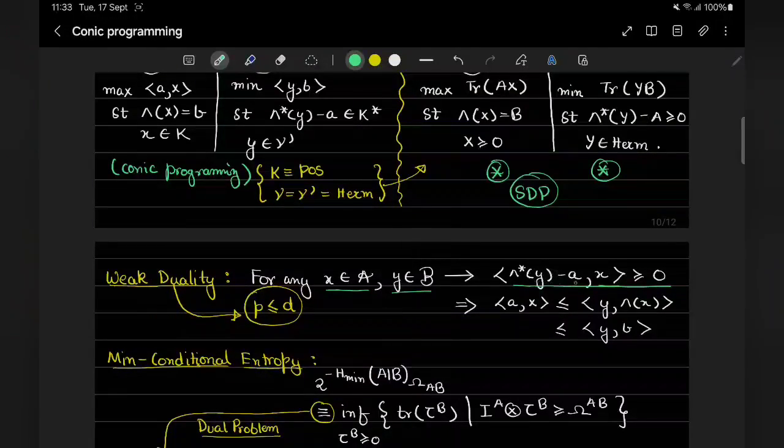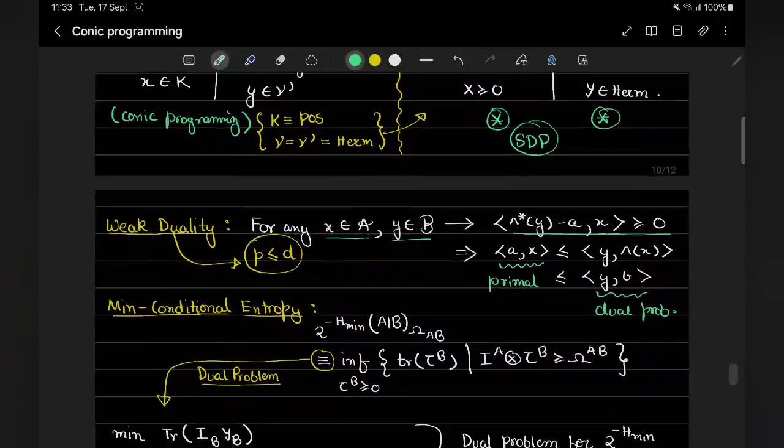So the inner product of lambda star y minus a with x is always greater than or equal to 0, and this gives you the bound that the inner product of y with b, the optimization of the dual problem, is always upper bounded by the optimization of the primal problem, and that's the main idea.